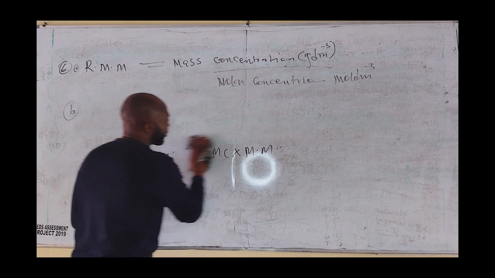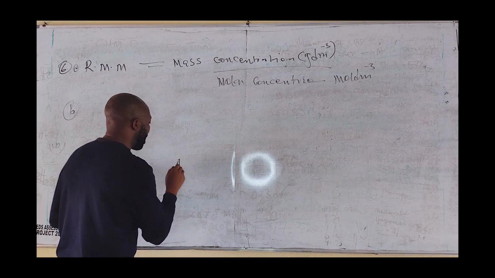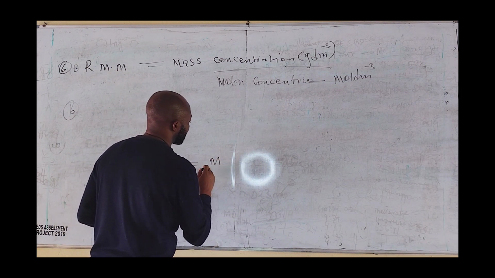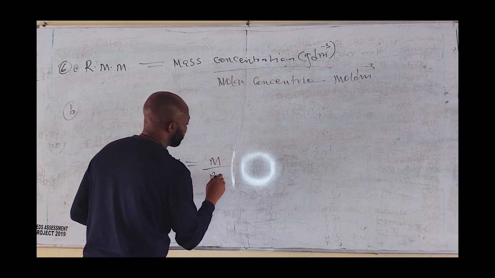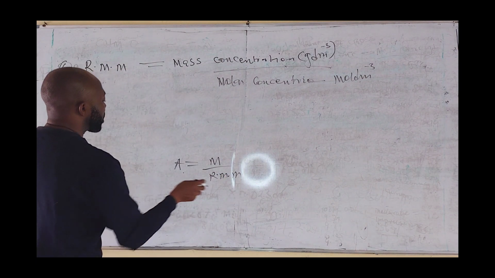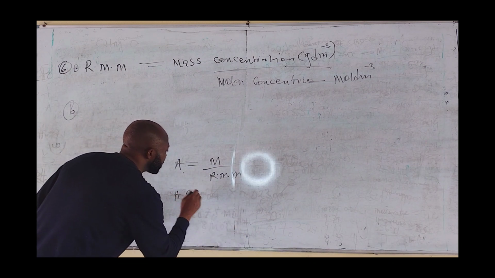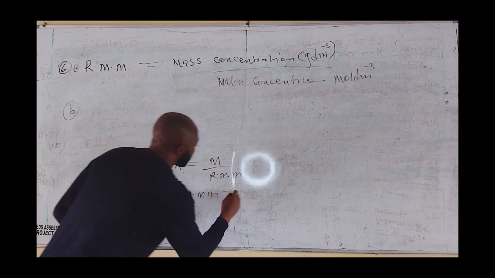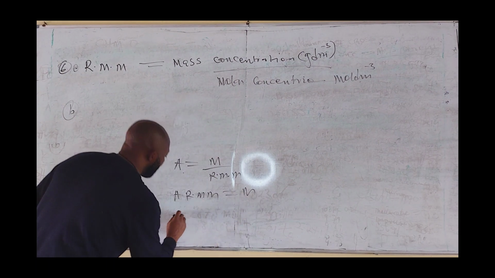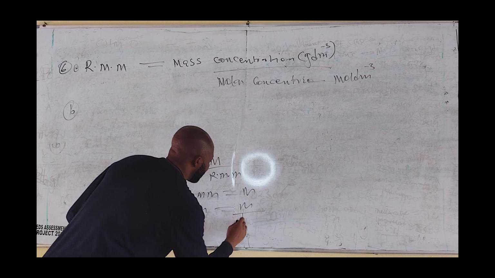We also have somewhere in mole concept where we say amount equals mass in gram over relative molecular mass. So our relative molecular mass, from change of subject, is equal to mass over amount.